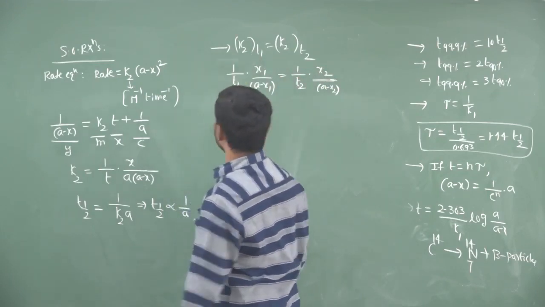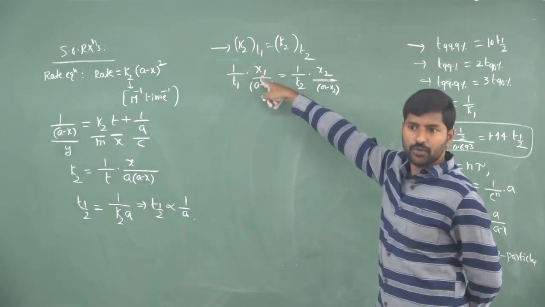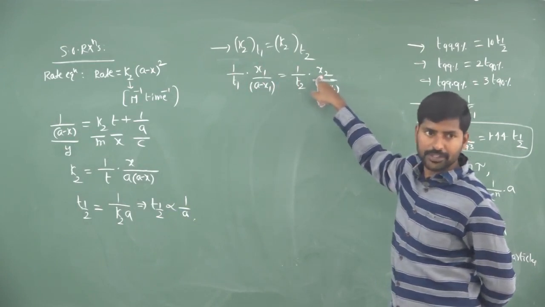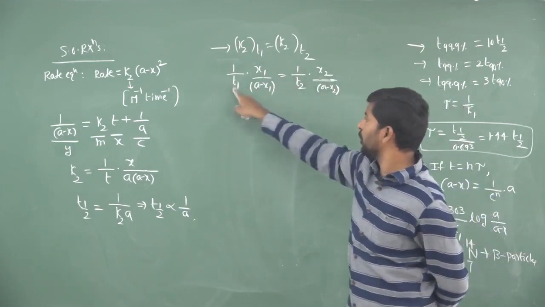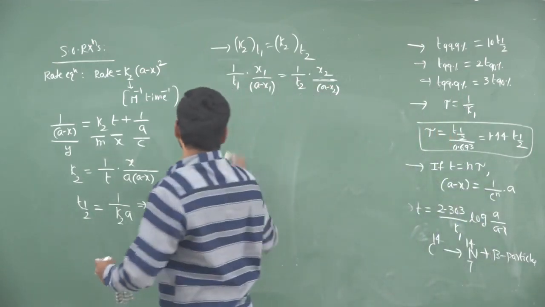So at one time the percentage of reaction completed is known to us. At another time, we can calculate the percentage of reaction completed. Out of these four, three are known to us, the fourth one we can calculate.